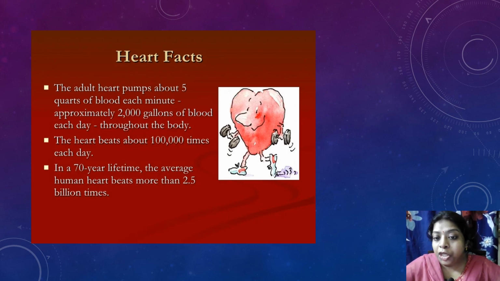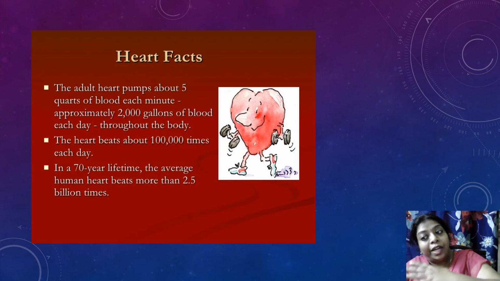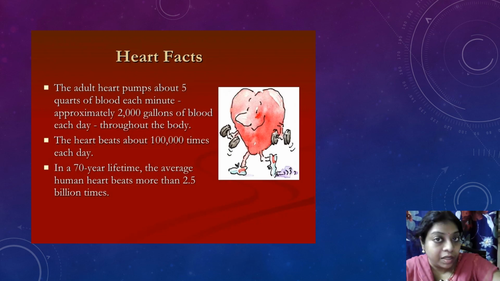One circulation involves, what does it involve? The entry of the blood from the various parts to the heart region. Now here, the blood is deoxygenated.